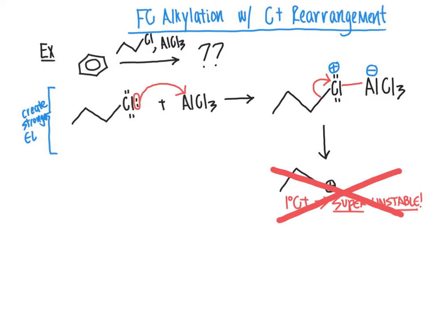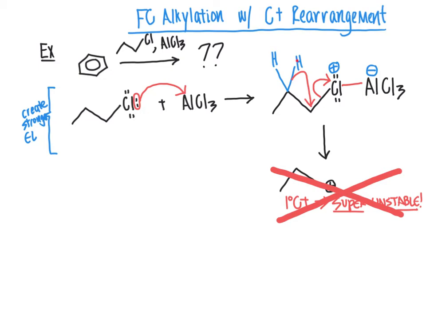So whenever we're doing a carbocation rearrangement, it's always going to occur in a way that will take a less stable carbocation, which in our case would have been a primary carbocation, which we're not even going to show the formation of, and instead make a secondary or tertiary, more stable carbocation intermediate. So in this case, as the chlorine is leaving, one of these two hydrogen atoms will shift over to become bonded to the carbon at the end right here.